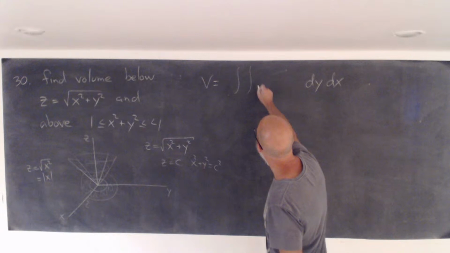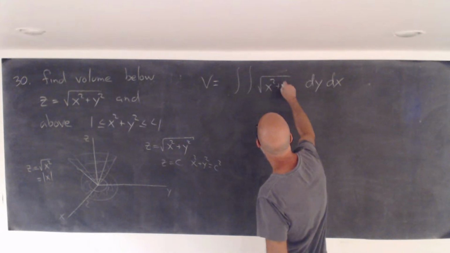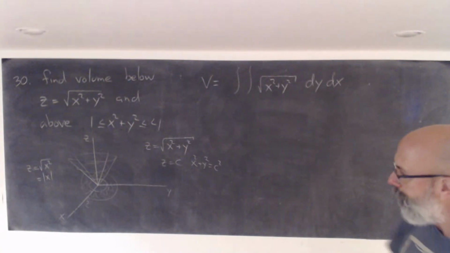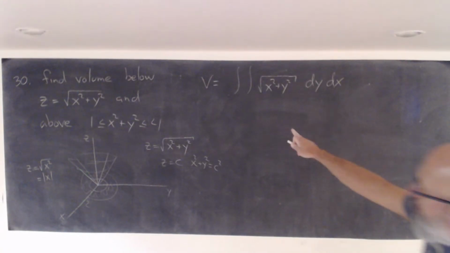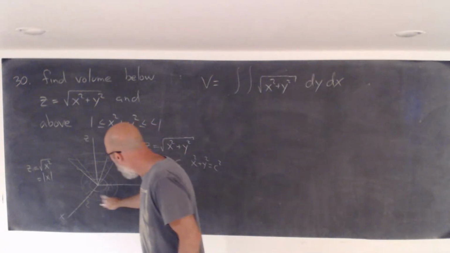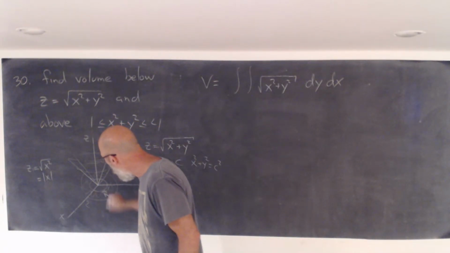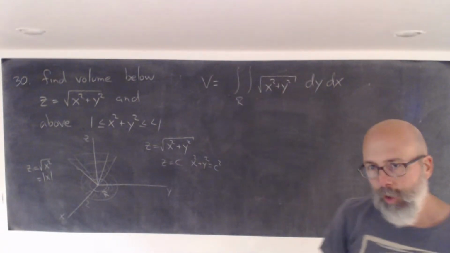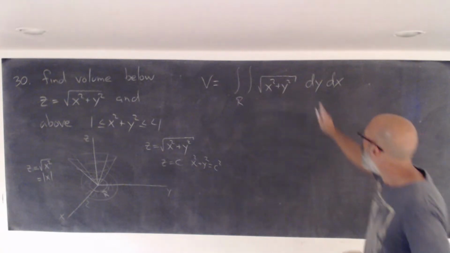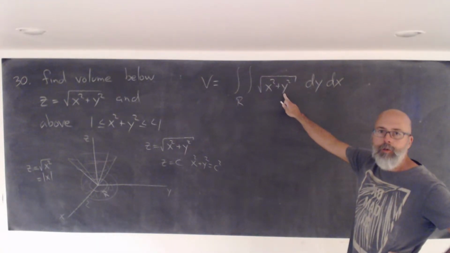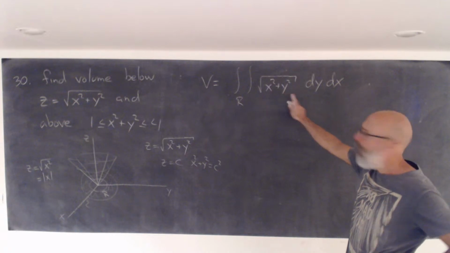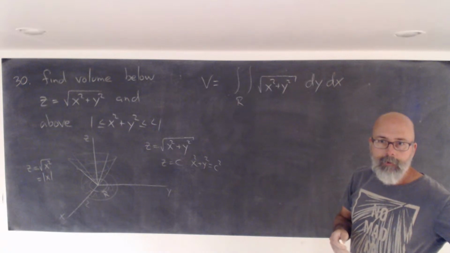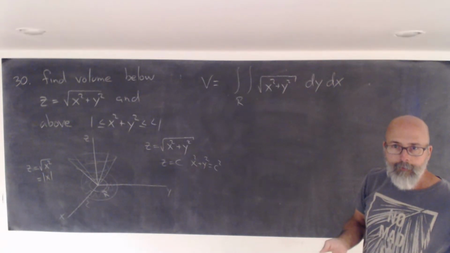So you know that the integrand is just going to be this, where you're restricted to the region R, let's call it R, between the two circles. First of all, without doing any work, you understand that if you want to integrate with respect to y or x, it doesn't matter.